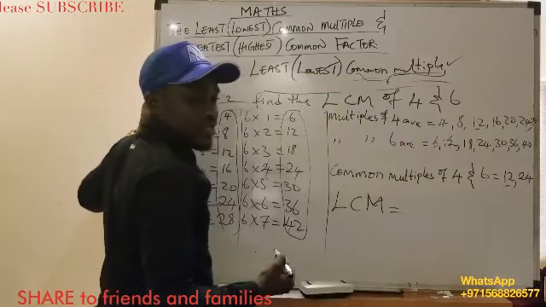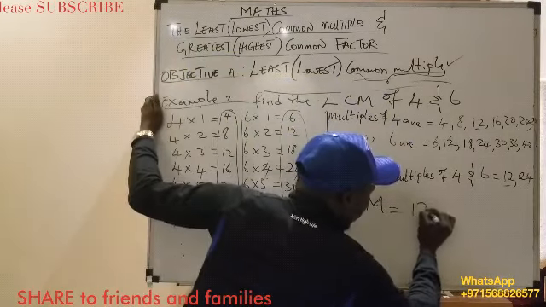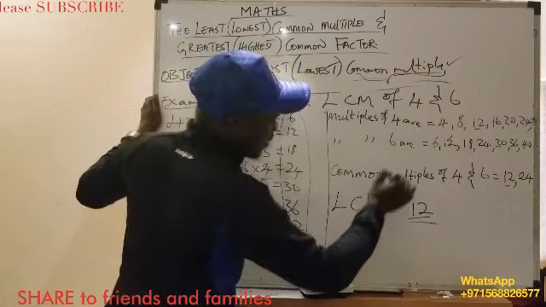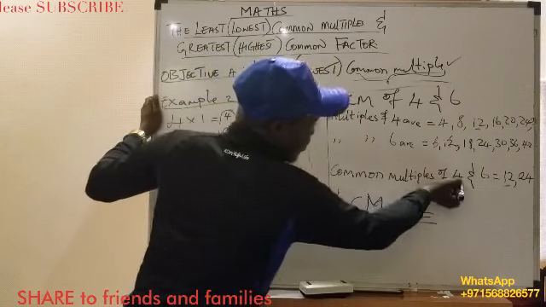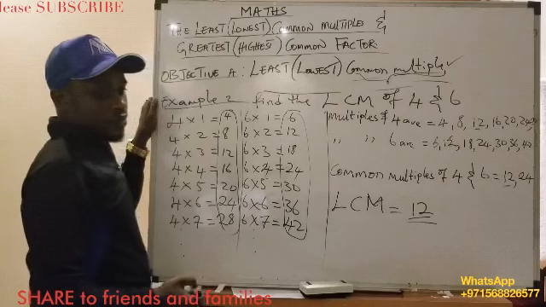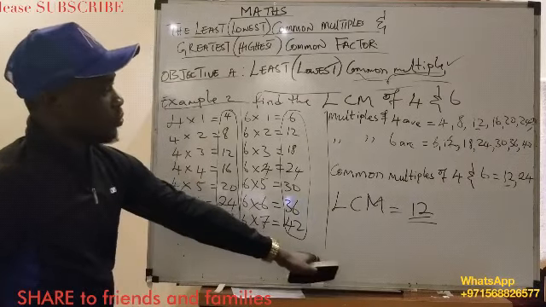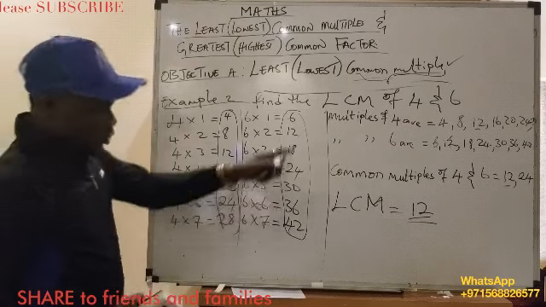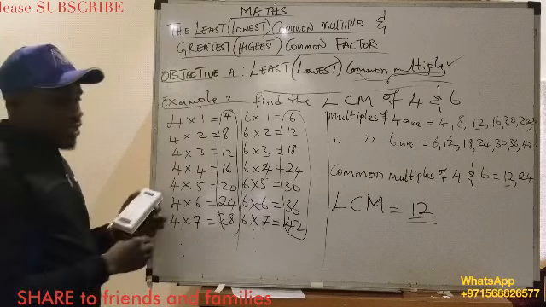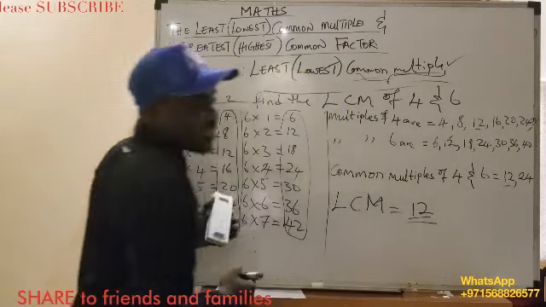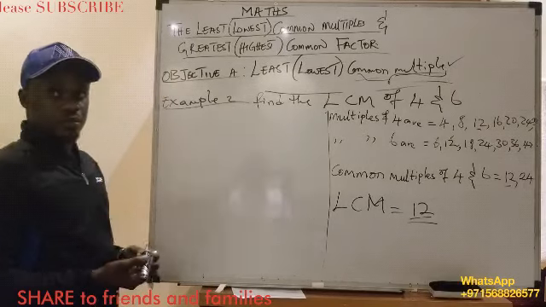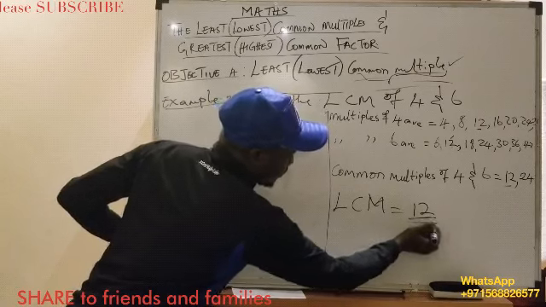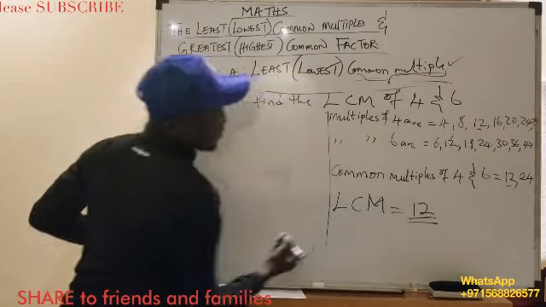Therefore, 12 is the answer. 12 is the lowest common multiple, or the least common multiple, of 6 and 4. Are we following? So this is the answer, the LCM of 4 and 6.